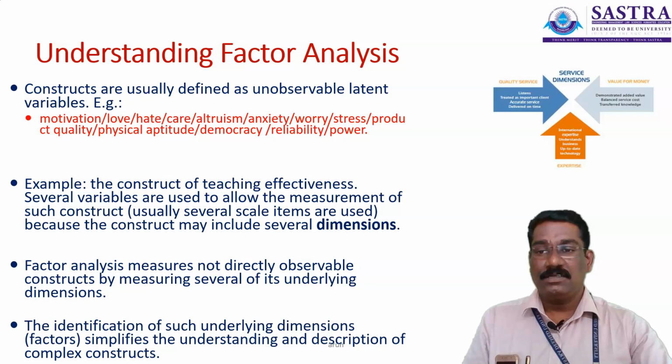So this latent construct called motivation can be determined by many measurable variables. Similarly, love, hate, care, anxiety, worry, stress, product quality, physical aptitude, democracy, reliability, power, and so on, can be considered as constructs, and each involves many variables put together to determine that construct.